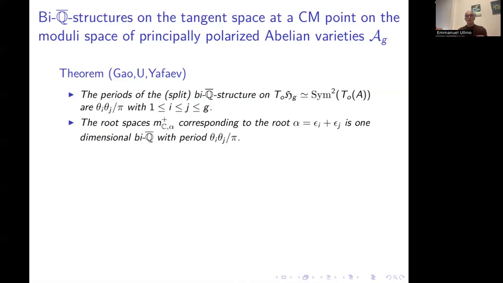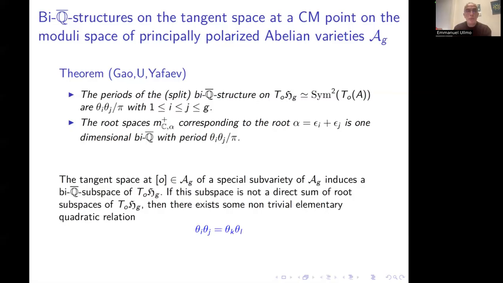Okay, so if you look at the tangent space at a CM point of a special subvariety, it's very easy to check that the tangent space of such a variety will define a Q bar subspace. As I said at the beginning, you may have two very different situations.